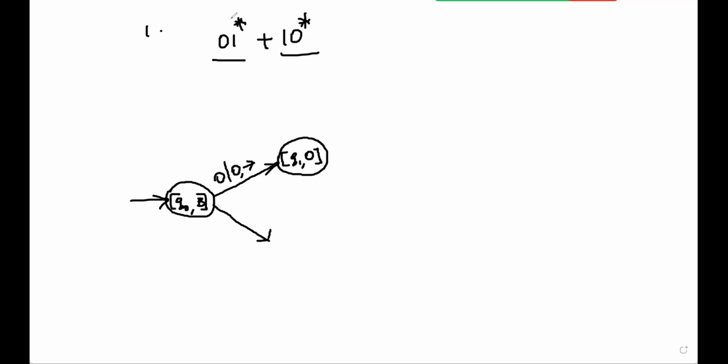What is the next symbol you are having? 1, right? This is like 0 followed by any number of ones. So I can go for a self loop. No change of 1, just move to right. At one situation, after this symbol, you are having blank in your tape, right? So I can give it as blank, blank. You can stop the process. So I'm going to consider this as a final state.